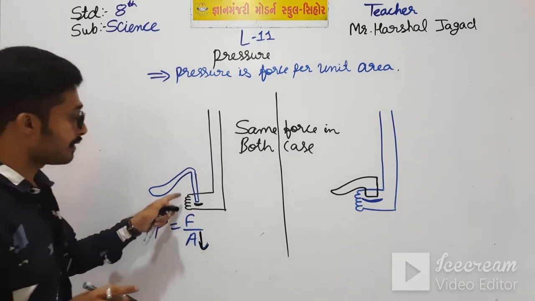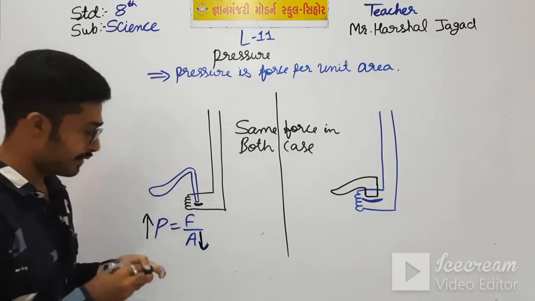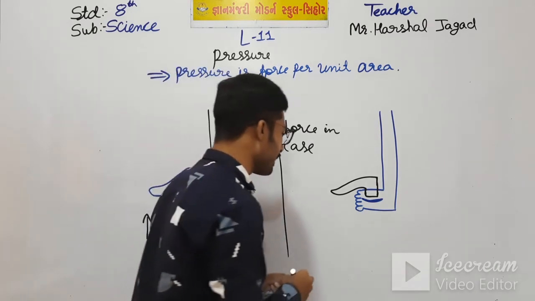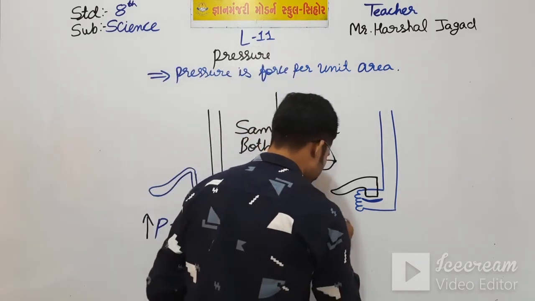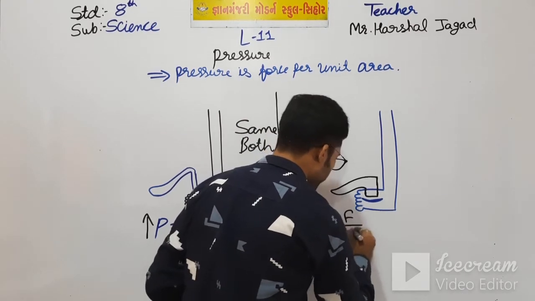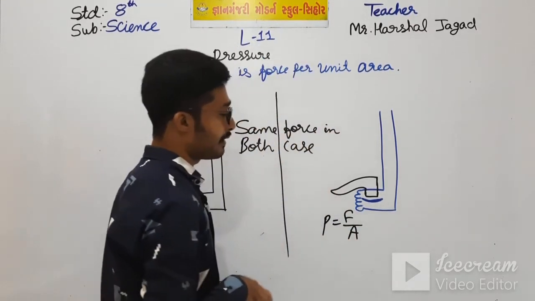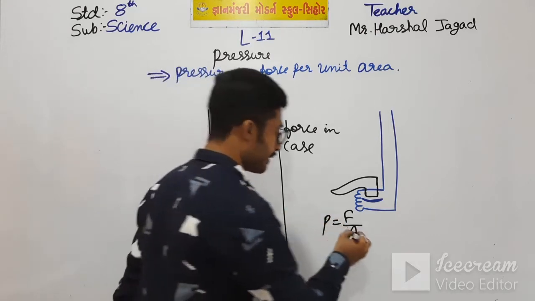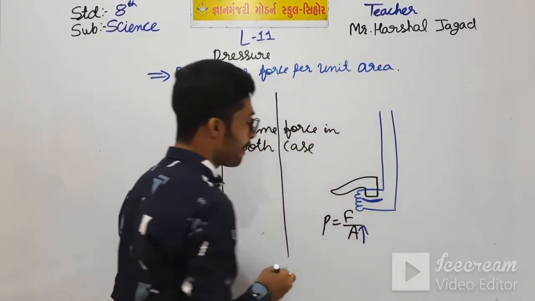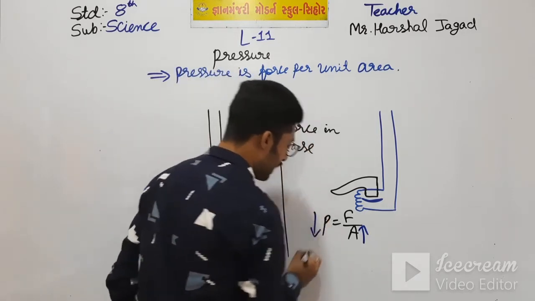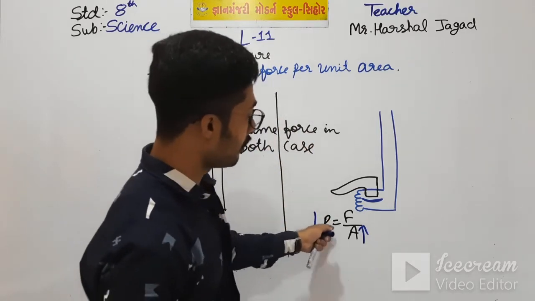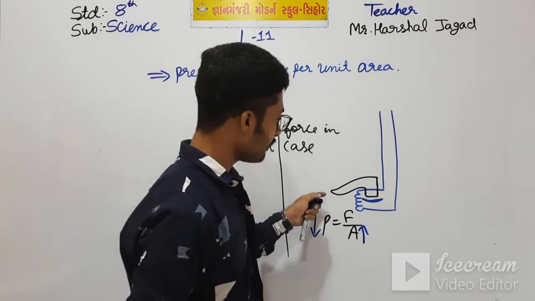In this case this shoe will hurt us, and let's see the other case. In this case P is equal to F upon A. In this case the area is big. If the denominator is big, the answer will be less. Okay students, the pressure value will be less.